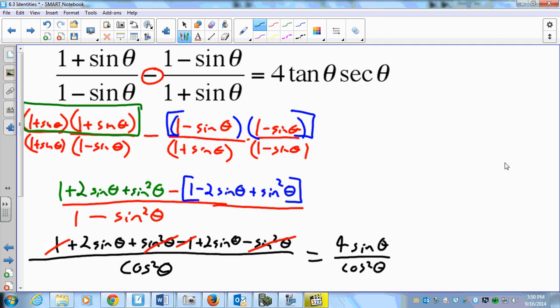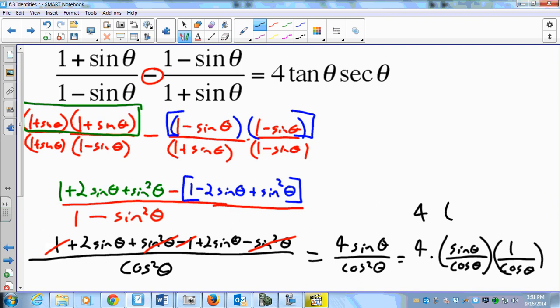And I recognize these are written in terms of sine and cosine. Let's go ahead and write them in terms of other ratios. So I can write this as 4 times sine of theta over cosine of theta times 1 over cosine of theta. Well, I get 4. Sine over cosine is tangent of theta. 1 over cosine is secant of theta. And I've now established my identity.